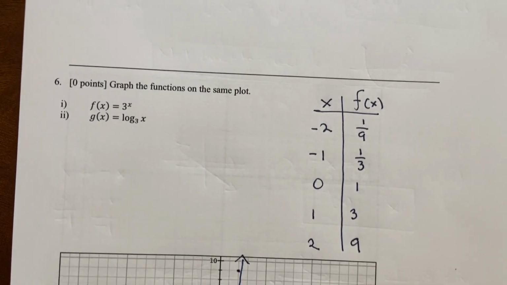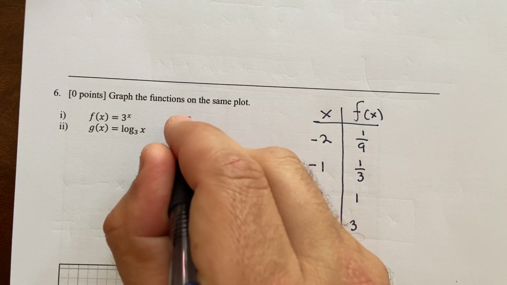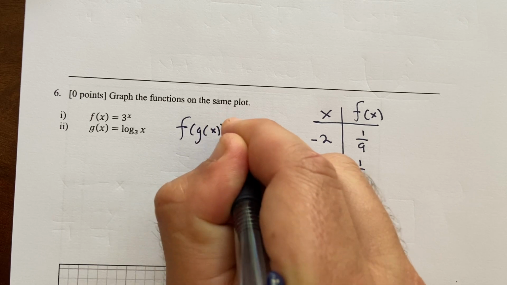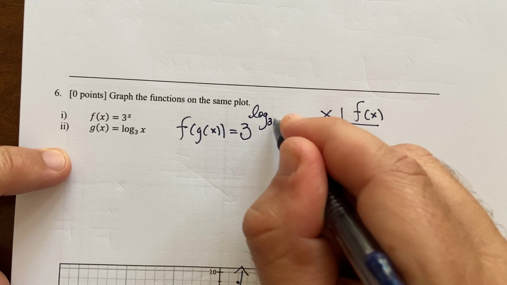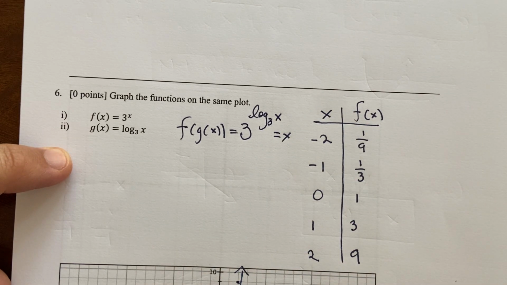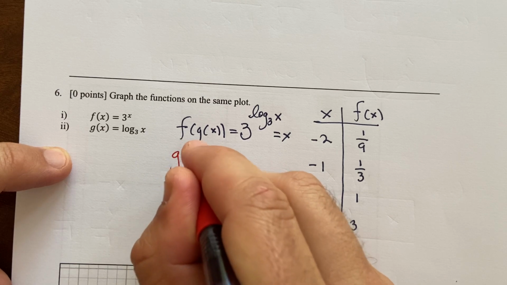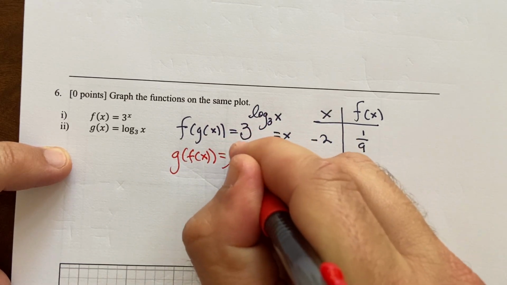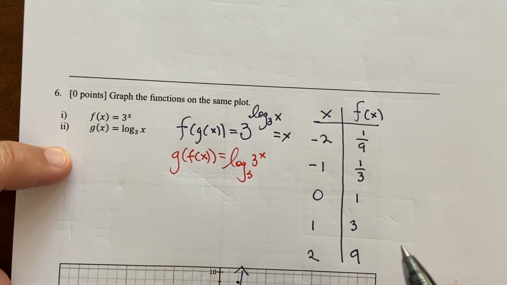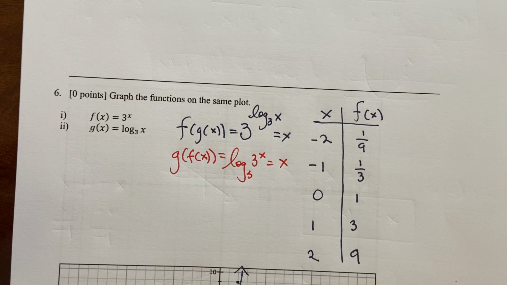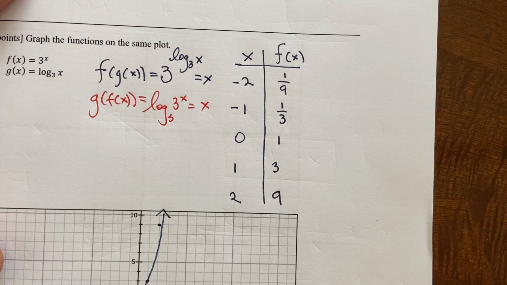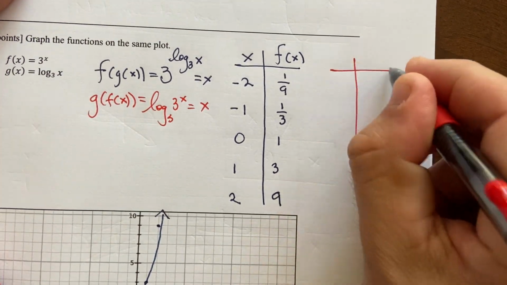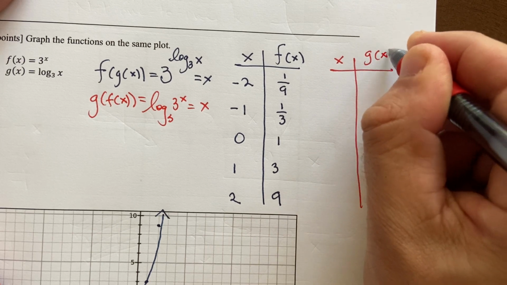Something about these functions, if you compose them, so if you find f of g of x, you would have 3 raised to the log base 3 of x, and that's actually just x. If you compose the other way, if you do g of f of x, you'd have log base 3 of 3 to the x, and that's also just x. So actually f and g are inverses. So what that means is to get a table for g, all I would need to do is actually flip f's table.